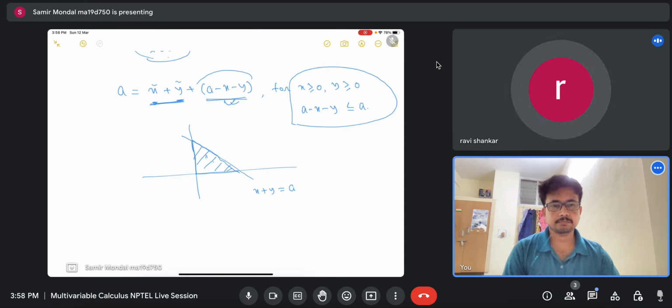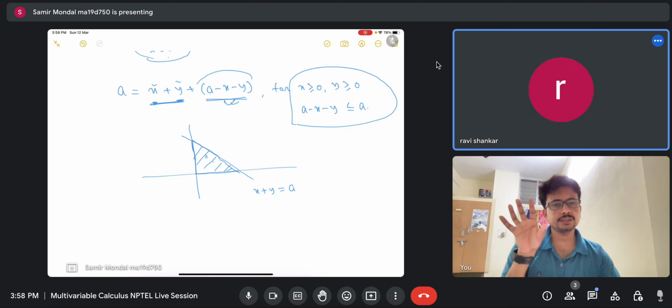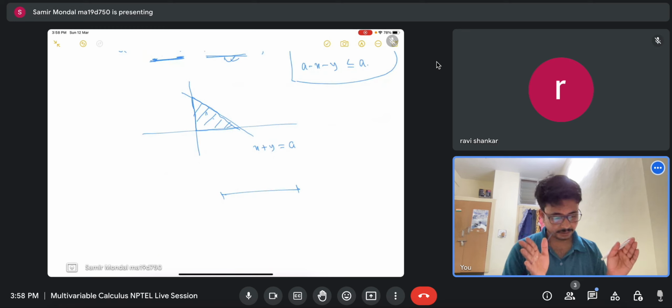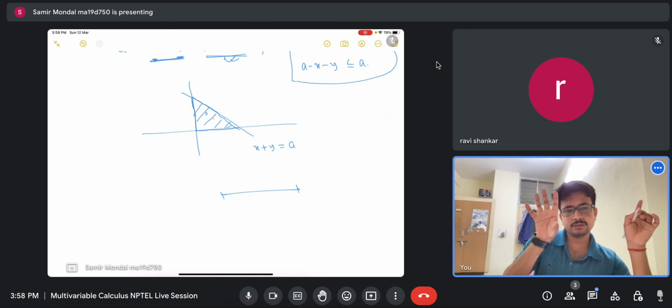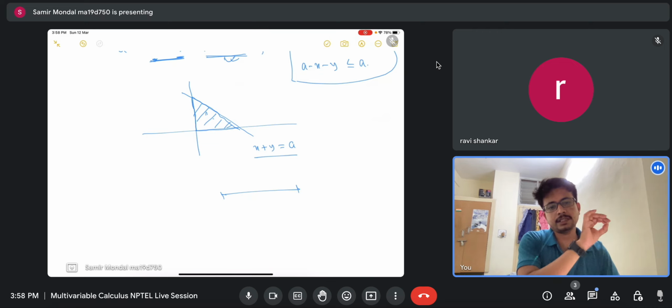Sir, when x plus y equals a, we will get only two segments, no? The other is 0. If you take another as 0, then the full product is already 0, which is definitely meaningless.